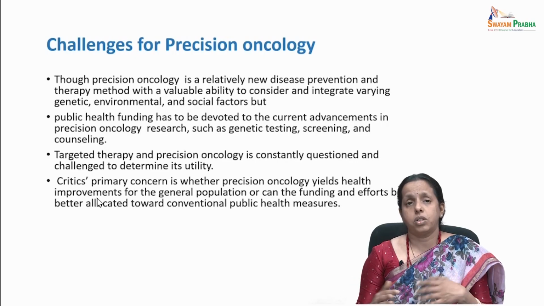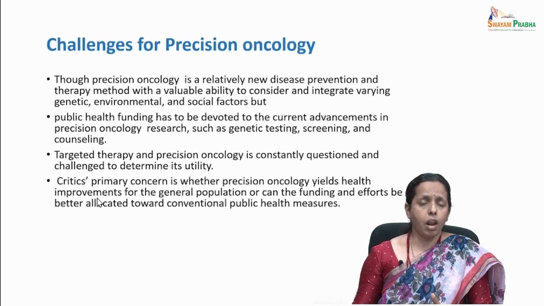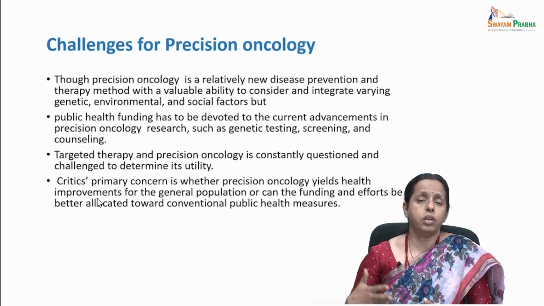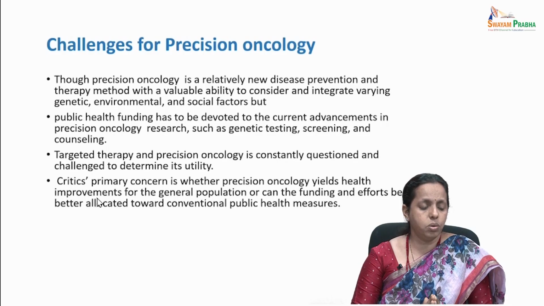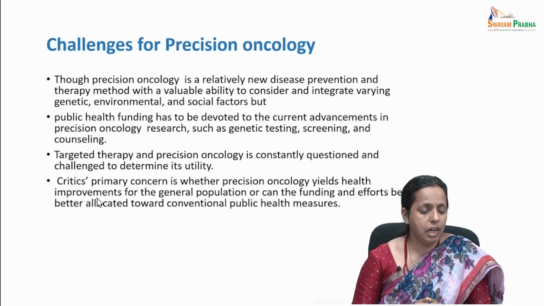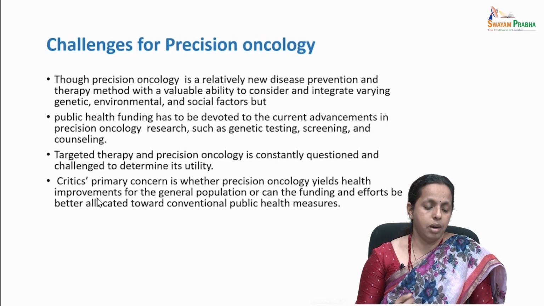How much does it cost? One panel, for a lung panel or a colon panel, would cost 1 lakh per test, because the maintenance charge for the instrument and everything is quite expensive. Can public health funding be devoted to this particular field? Yes, it is a debatable topic.